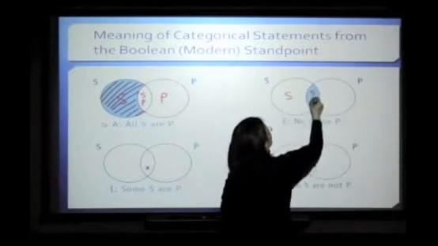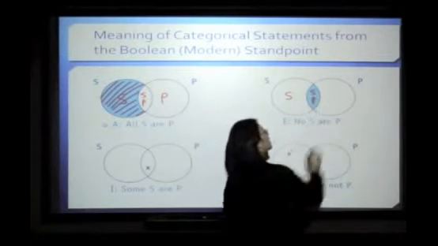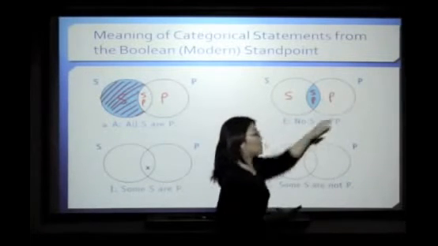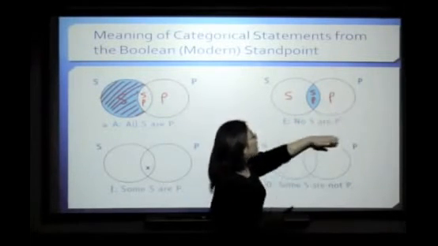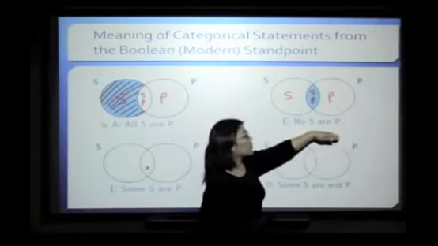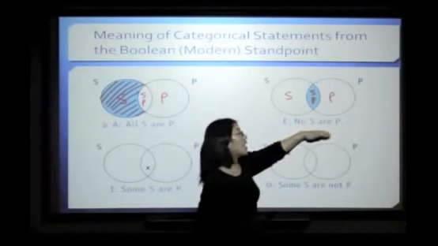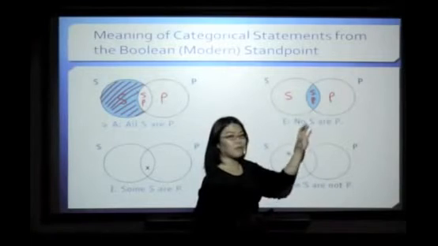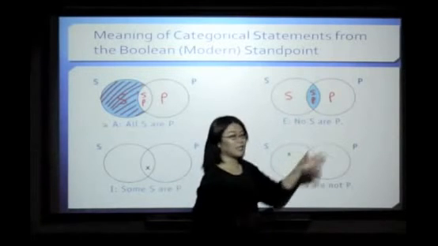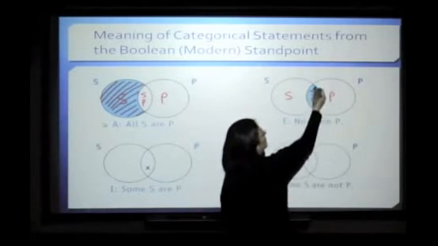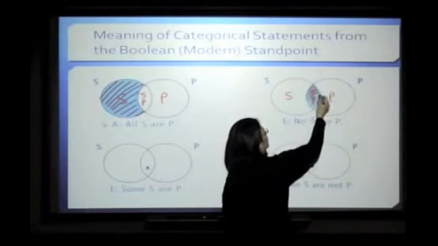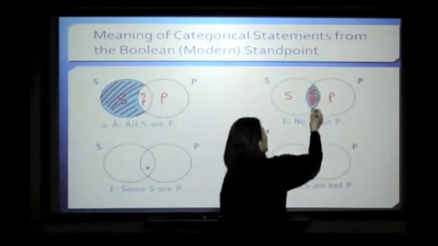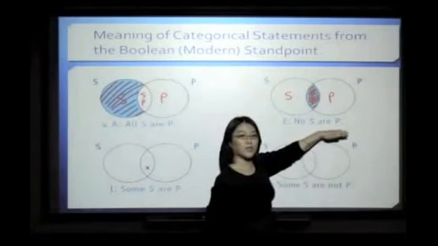This is the things that are S's and P's, and this is the things that are basically just P's. Now, the statement no S are P is asserting that there are no things that are both S's and P's. So this area here doesn't exist according to the statement no S are P.